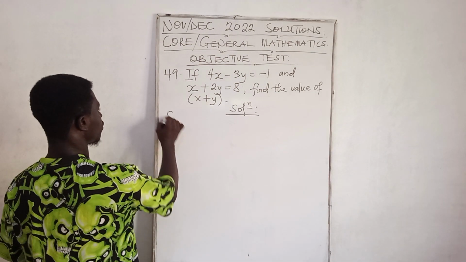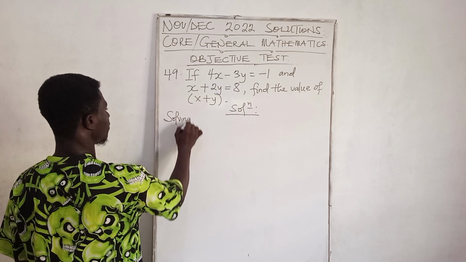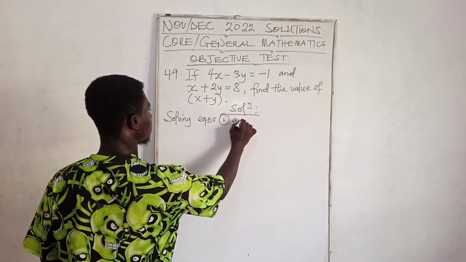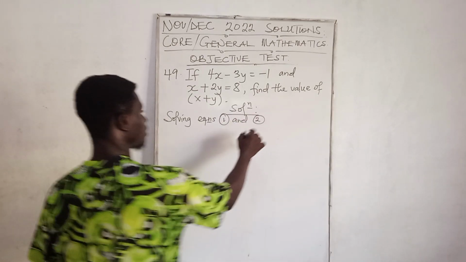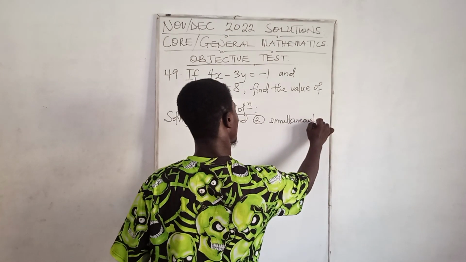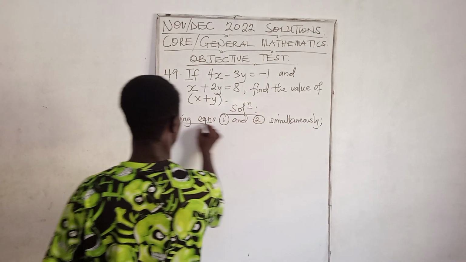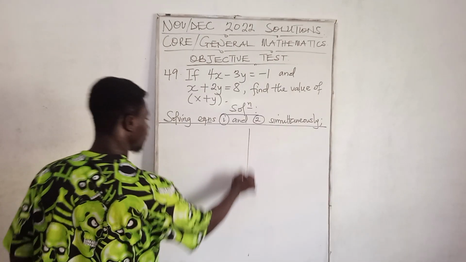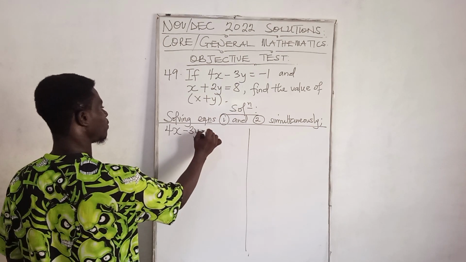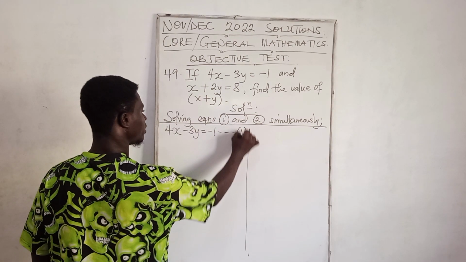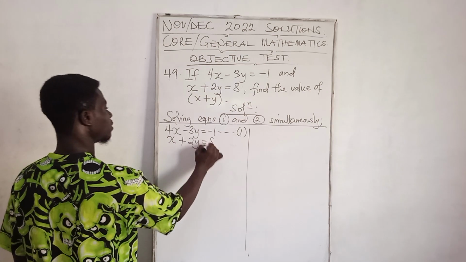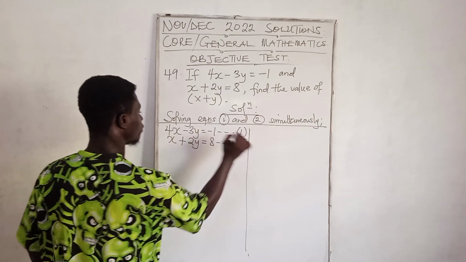So solve them simultaneously. So I have 4x minus 3y equals negative 1. So this one can be equation 1, then x plus 2y equals 8. This one can be equation 2.